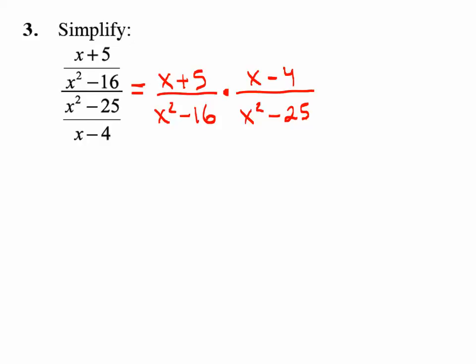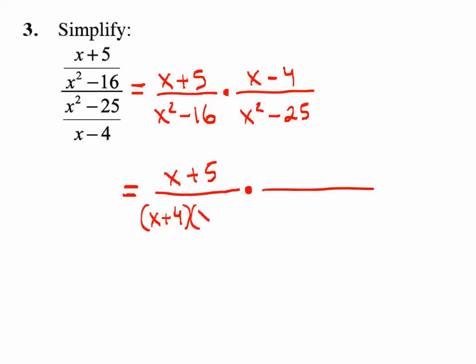All right, hey, this is 5.2 then, is that right? Things we covered the other day. I'm going to factor everything down as much as possible, cancel like terms top and bottom, and then multiply the rest together. So x plus 5 over (x plus 4)(x minus 4). x minus 4 on top of that one, and x squared minus 25 would be (x plus 5)(x minus 5).